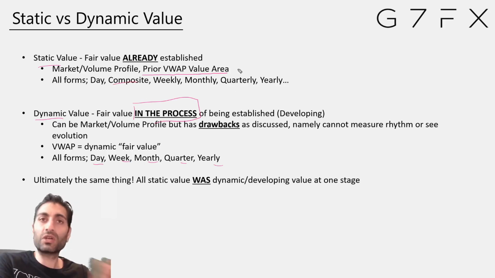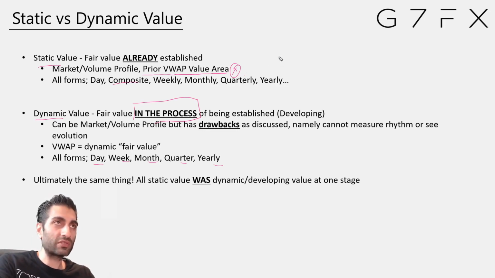So just for completion's sake, let me mention this, and we will talk about this in the coming sections anyway. Prior VWAP value area. When you have, for example, previous day, this is one of the reasons why we use VWAP, because VWAP will tell us how this changed throughout the day. I'm not going to cover it again. We already covered it.